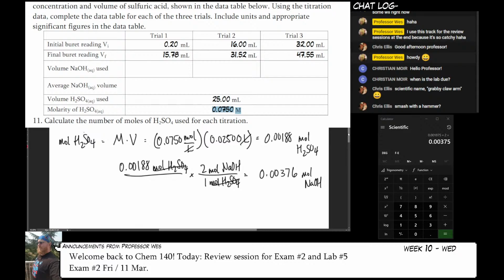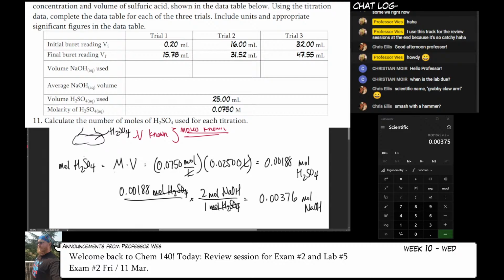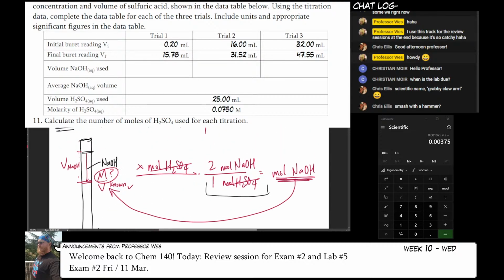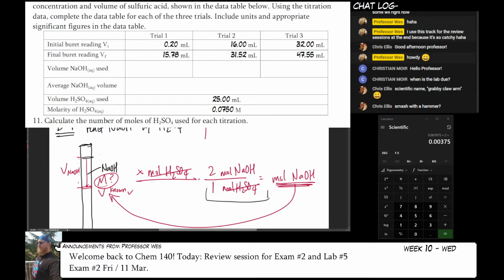Now, we are using 3 separate titrations. So the first attempt, we started with this volume and we ended here. So this is trial 1. Trial 2, we did these 2, and then trial 3, we did these 2. So to figure out what the volume is that we used, if I go back up here to my buret, and I'm looking at trial 1, I started at 0.20 milliliters, and then I ended at 15.78.